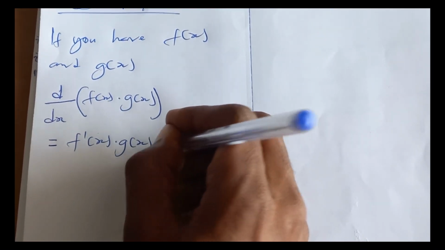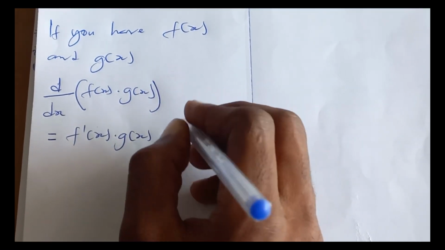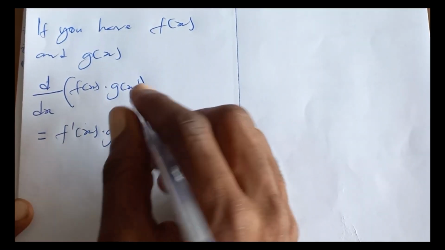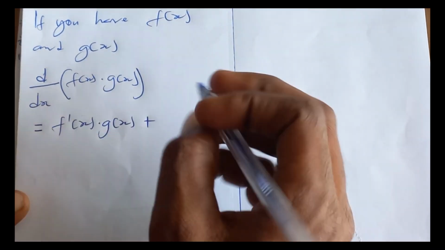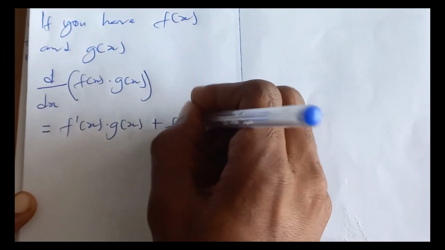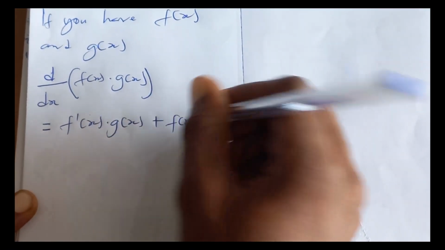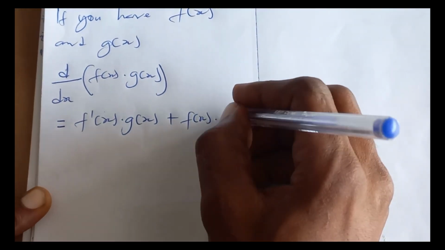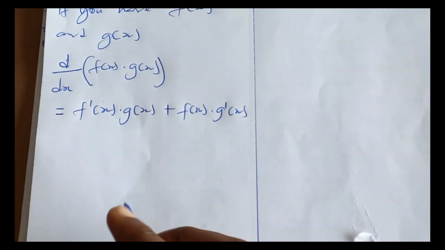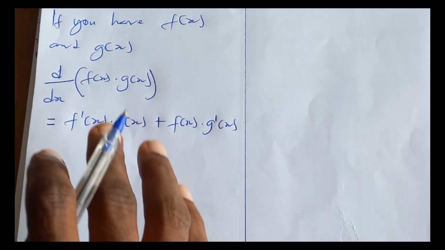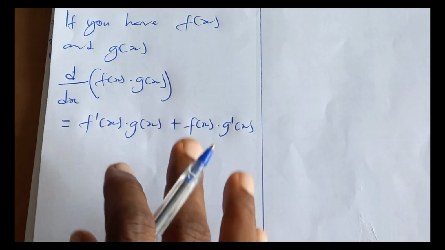Then plus, now you hold the first one. In this case, the first one is what? F of x. So we get f of x, then you multiply it by the derivative of the second one. That is g prime of x, like this. So this is what we call the product rule.